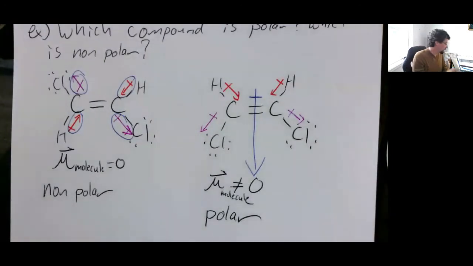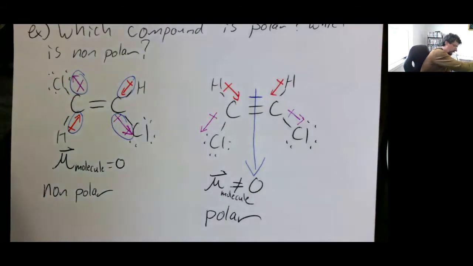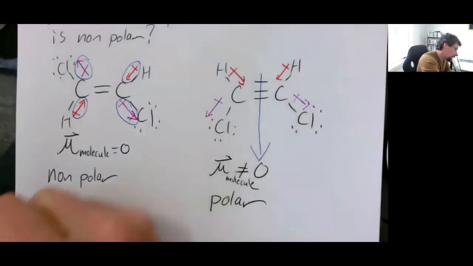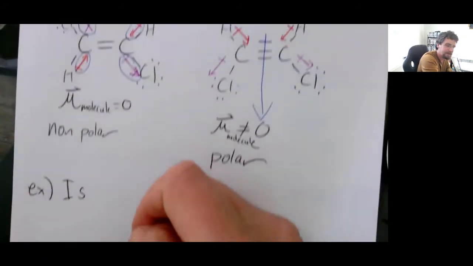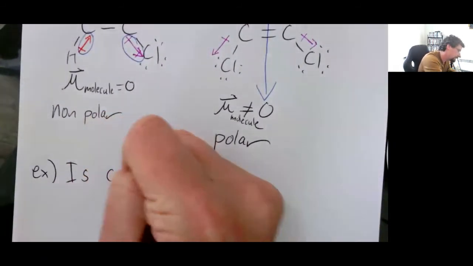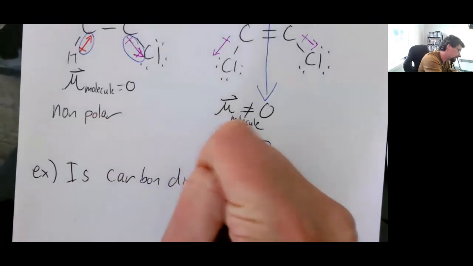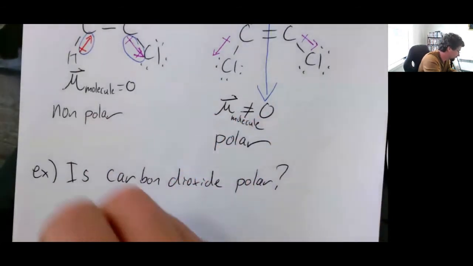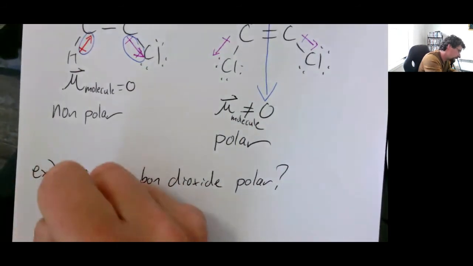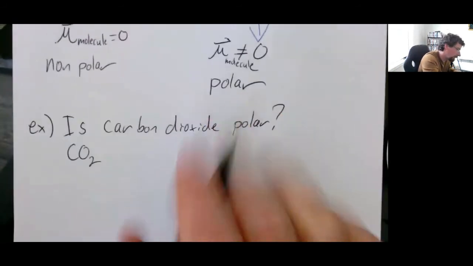Great. So now we can look at one more example. Let's consider carbon dioxide. We're going to ask, is carbon dioxide polar? So we have CO2. Let's try to draw out carbon dioxide.